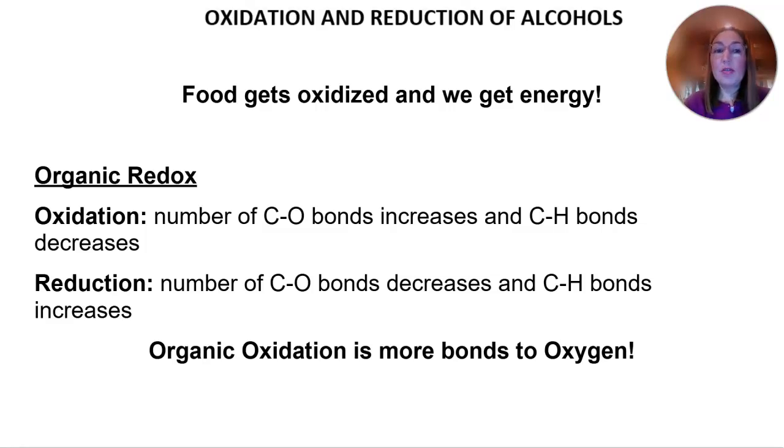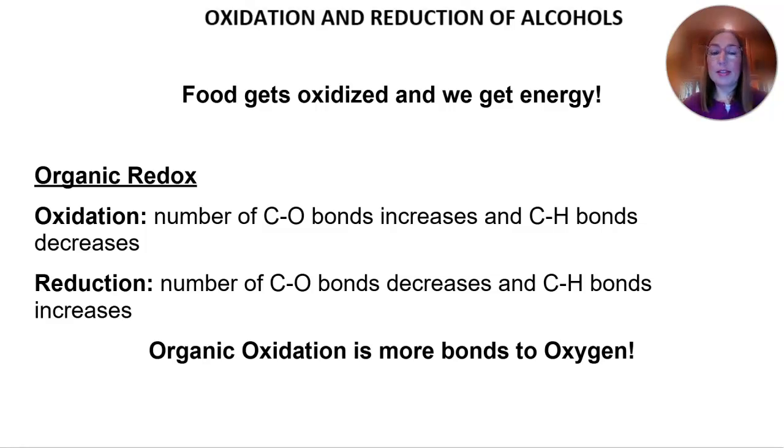So in organic redox, oxidation is where the number of C to O bonds increases and C to H bonds decreases. In reduction, it's where the number of C to O bonds decreases and C to H bonds increases. So these are just opposites, just like they were when we were looking at inorganic redox and electron transfer.